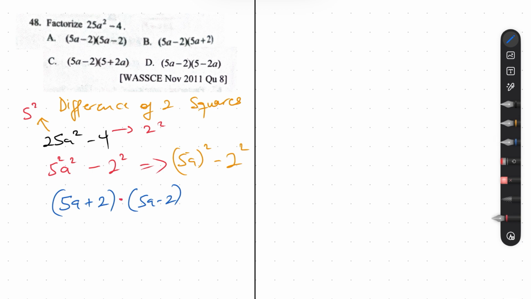So this is our answer: 5a plus 2, 5a minus 2, which is the same when you flip it. Which one is that? That is B. Okay, cool.